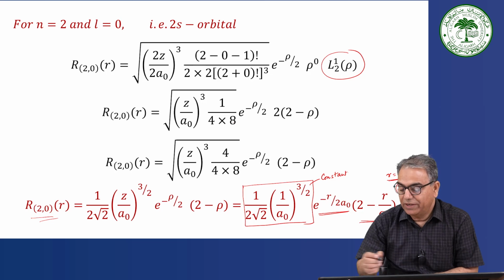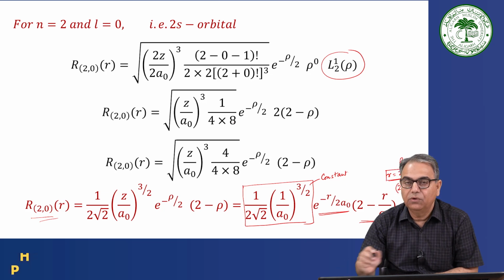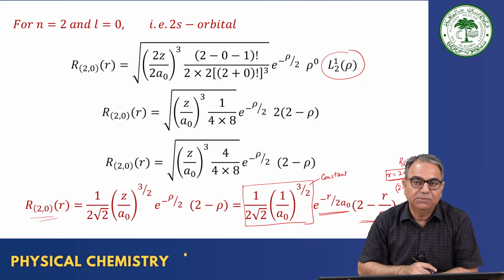Okay, so at r equal to 2a naught, the function R20 of r becomes equal to 0, and if the function becomes 0, the square of the function will also be 0, and the probability will be 0, and that will be the nodal point.